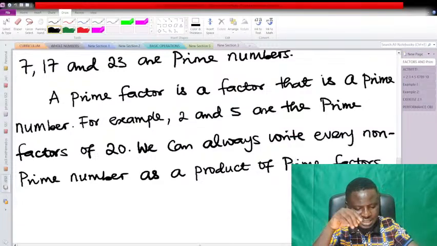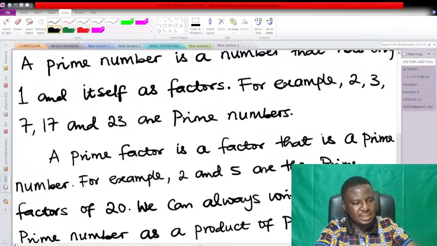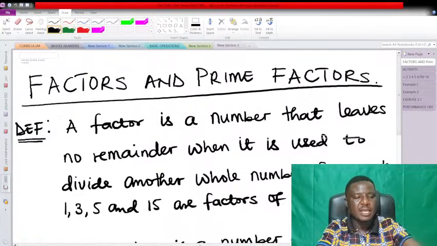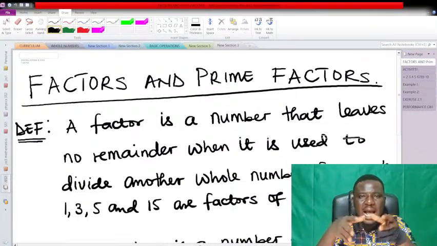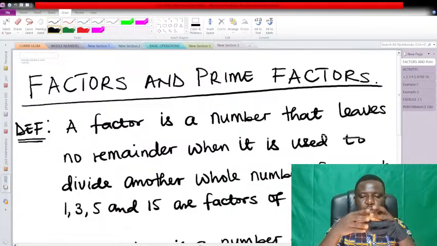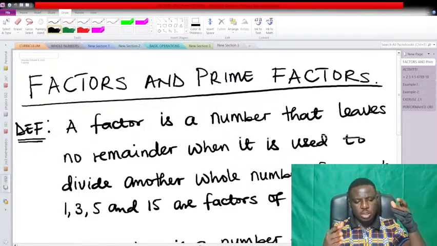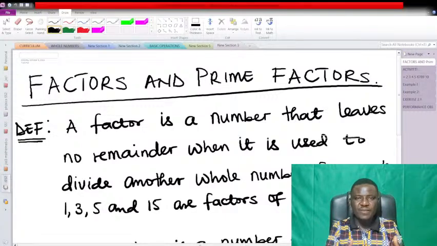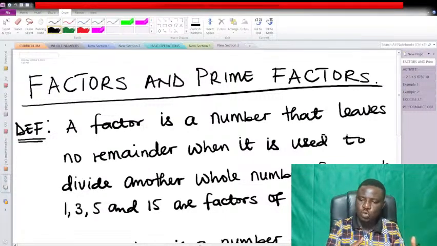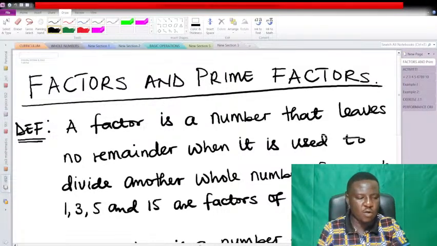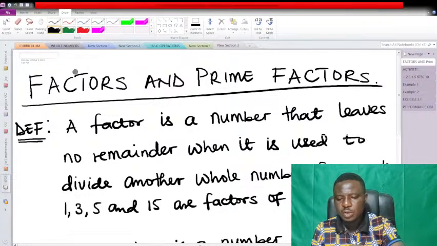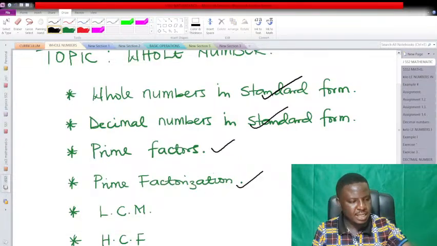So let's take an activity. In this activity, we should be able to write out the prime factors that fall between 1 to 200. I think we should also look at the objective of this class.